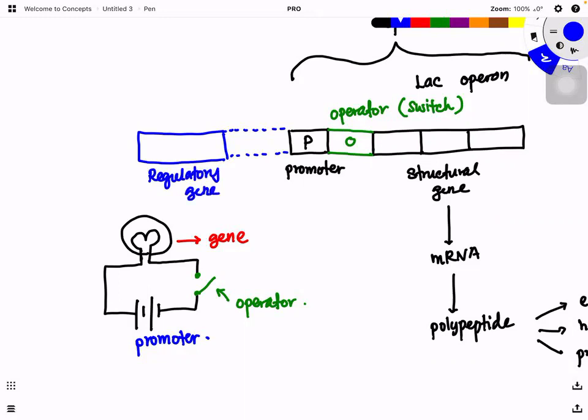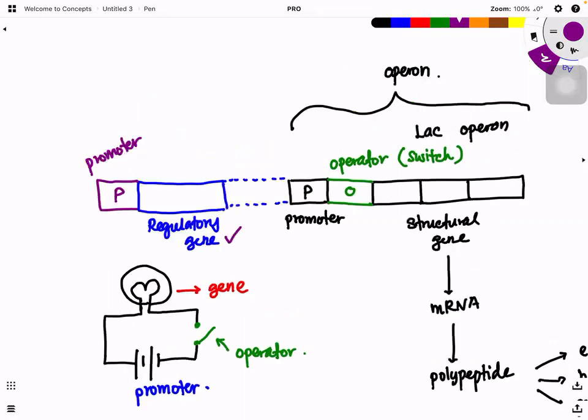Every gene must have its own promoter. So this promoter, can you see that? Without operator, this regulatory gene is always switched on.